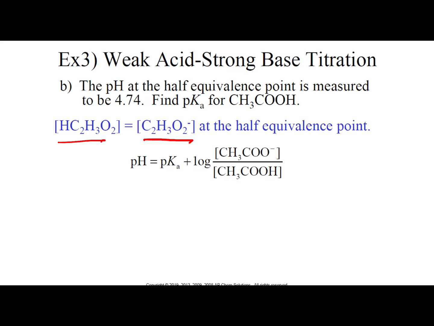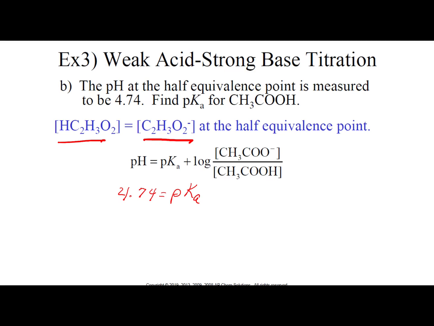This is a weak acid, so we can use the Henderson-Hasselbalch equation. We know that the pH is equal to the pKa plus the log of the base over the acid. We know that our pH is 4.74, and we're solving for the pKa.